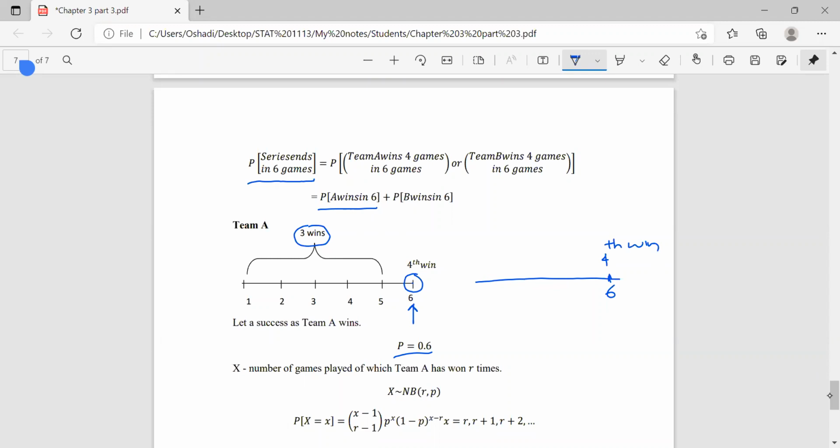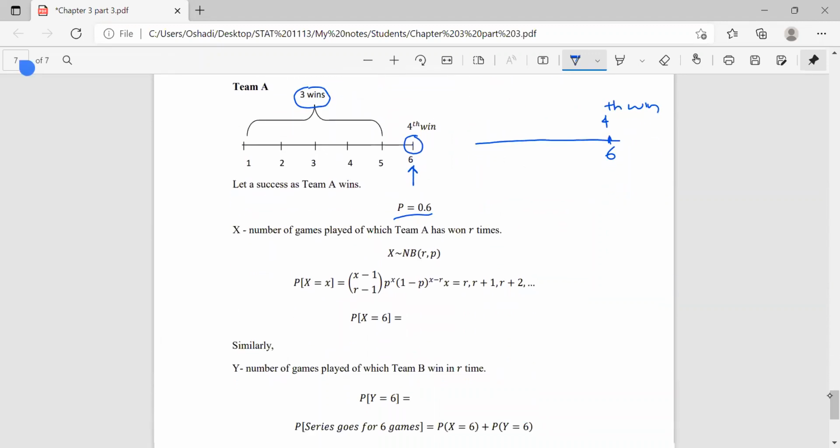So we can find the probability where the number of trials equals 6 to obtain the 4th success in the 6th trial. So it is a negative binomial distribution.